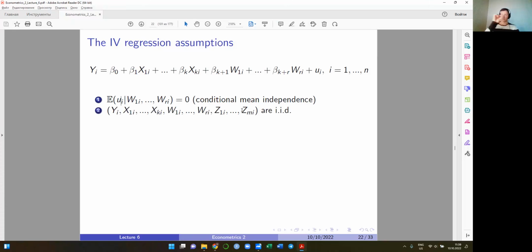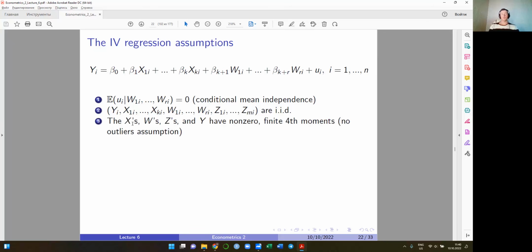The second assumption concerns observations of all these variables, so don't panic looking at this vector of variables: yi, x1i, x2i, xki, and so on. What is this vector? It is kind of one row in your table of data. Every row in your table is independently and identically distributed. That's simple.